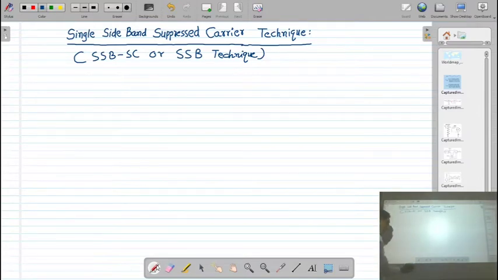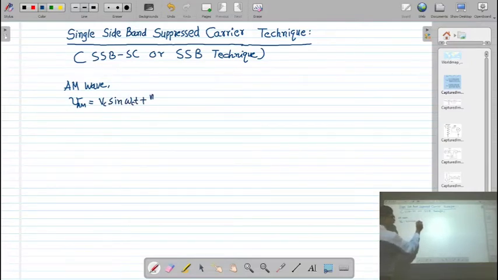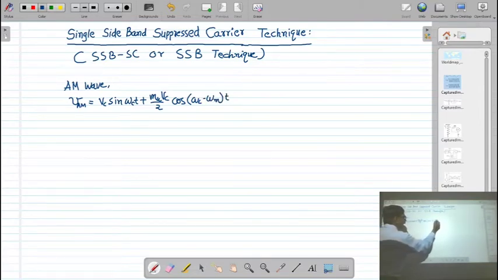In amplitude modulation, the amplitude modulated wave is given as Vm equal to Vc sin omega c t plus Ma Vc by 2 into cos (omega c minus omega m) t plus Ma Vc by 2 cos (omega c plus omega m) t.